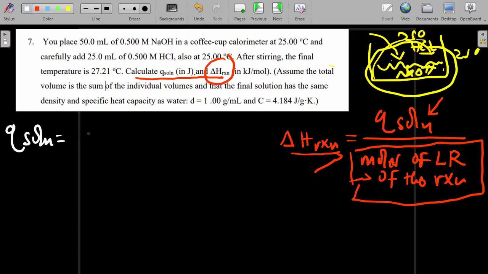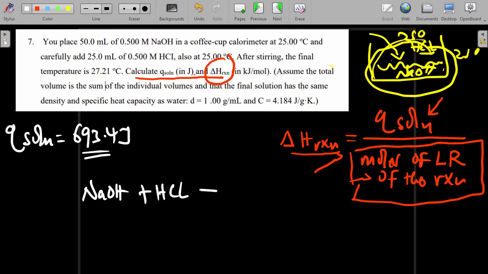My Q solution, we found it was 693.4 joules. In this case, we have sodium hydroxide plus hydrochloric acid. These are the two that are reacting. We know that a reaction between a base and an acid will always give you what? A salt.